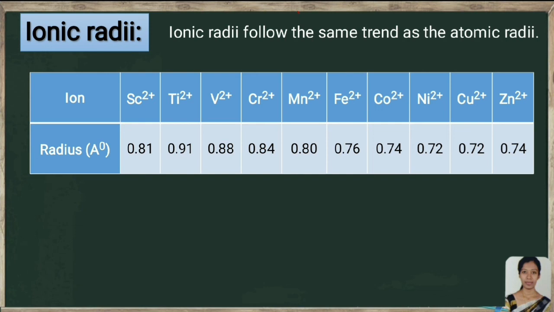That's why the size of the ions in the +2 oxidation state of the transition elements decreases along the period, except from copper to zinc. This is for the +2 oxidation state. Next, we will see the ionic radii of the +3 oxidation state.